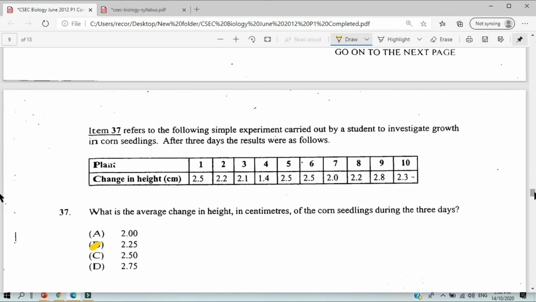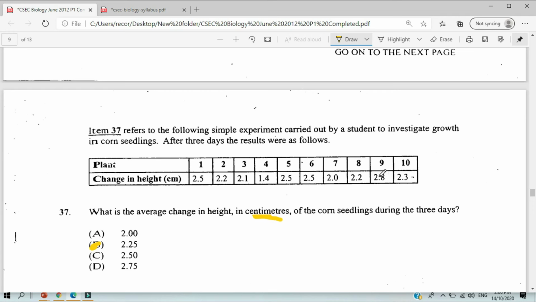Now, this is a mathematical question, question 37. It refers to the following simple experiment carried out by a student to investigate growth in corn seedling. After 3 days, the results were as follows. Let's look at it. All we need to do here: what is the average height in centimeters, SI unit, of a corn seedling during the 3 days?